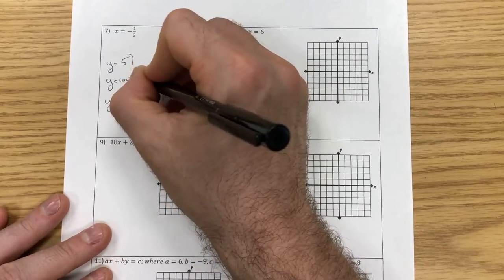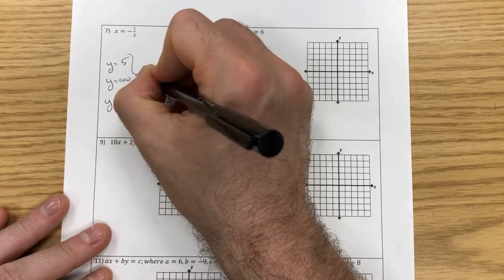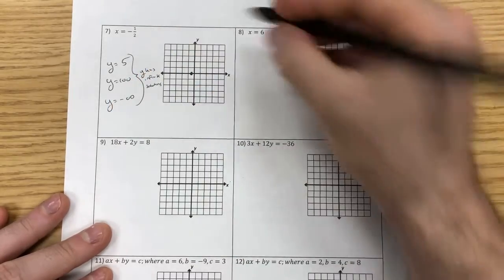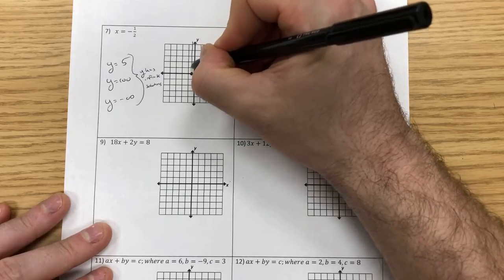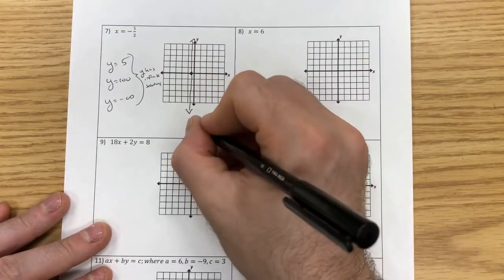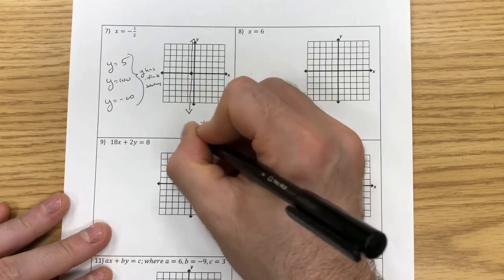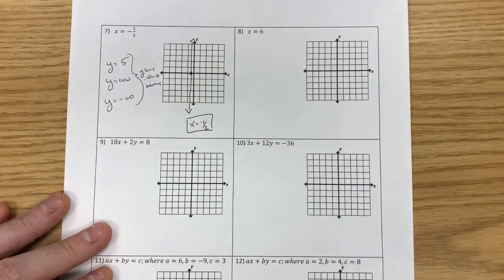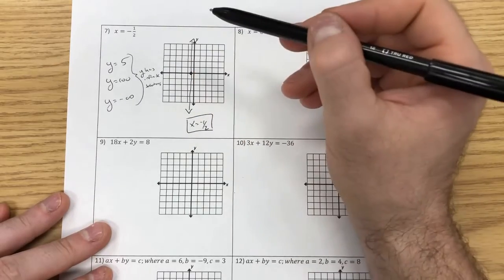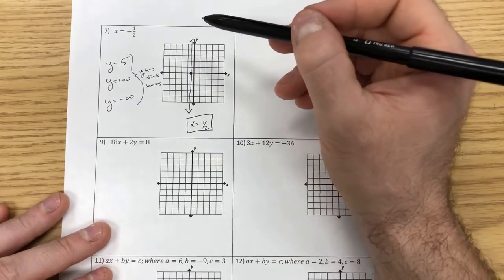So it sounds like y has infinite solutions, which means that it is a completely vertical line. So we know that this does not matter as long as we've eliminated it from the equation.